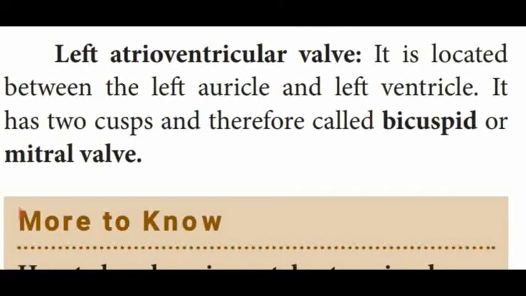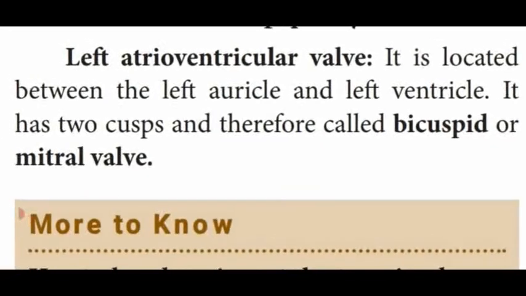Next one is the left atrioventricular valve. This is the valve present between the left atrium and the left ventricle. It has 2 flaps, that is cusps, and therefore is named bicuspid or mitral valve.